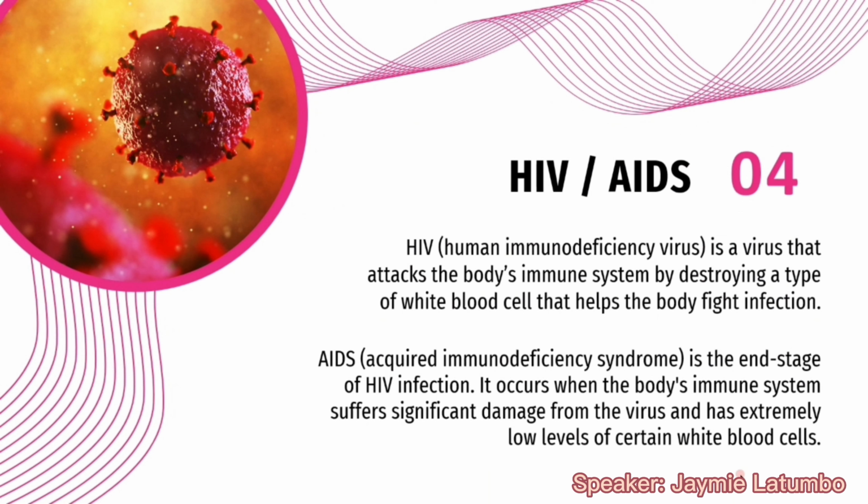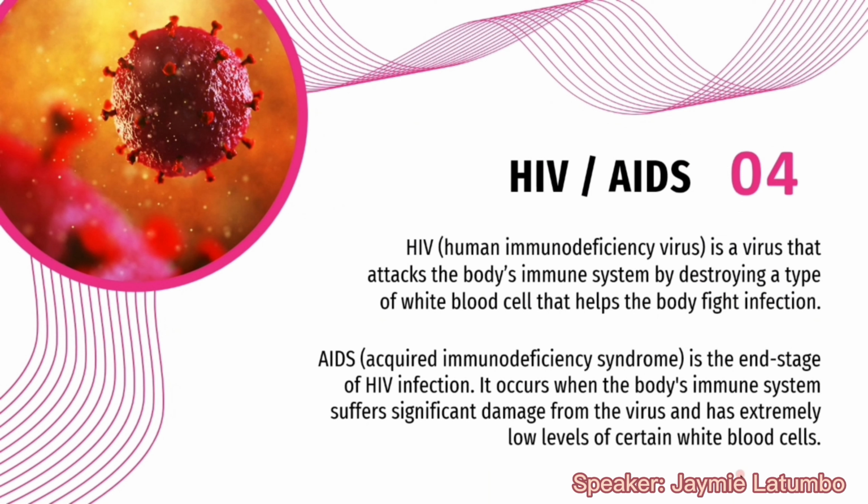So, HIV or human immunodeficiency virus is an infection that attacks the body's immune system, specifically the white blood cells called CD4 cells. HIV destroys these CD4 cells, weakening a person's immunity against opportunistic infection such as tuberculosis and fungal infection, severe bacterial infection, and cancers.